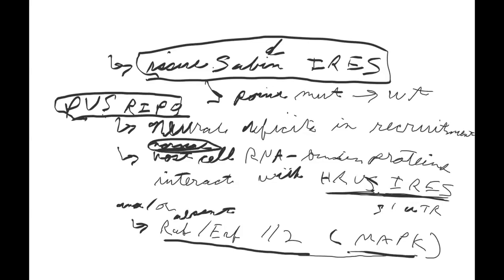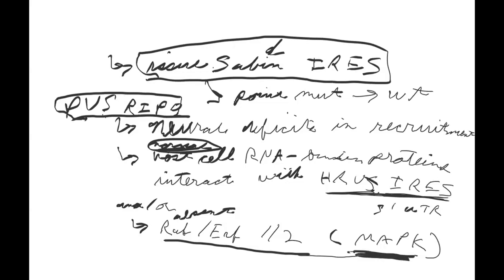So in normal cells, you have this binding protein on the IRES, and then you also have an absence of the RAF pathway, that MAPK pathway. This is absent in normal cells.